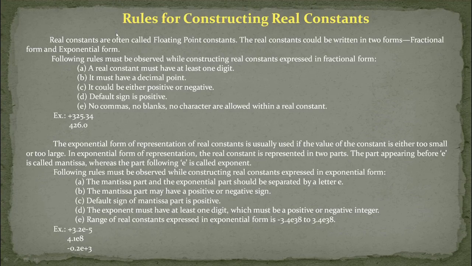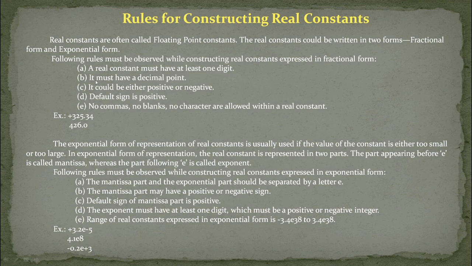Real constant. Real constants are often called floating point constants. A real constant could be written in two forms, fractional form and exponential form. These are fractional form and these are exponential form. The following rules must be observed while constructing a real constant expressed in fractional form. A real constant must have at least one digit.